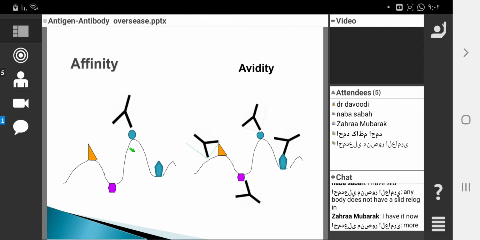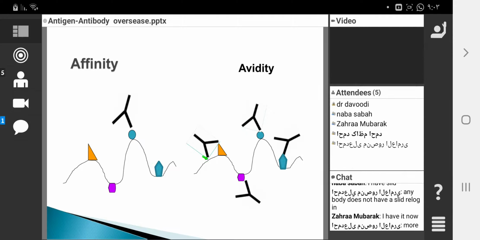You can see here this is an antigen with many epitopes, which are different. They are not the same.